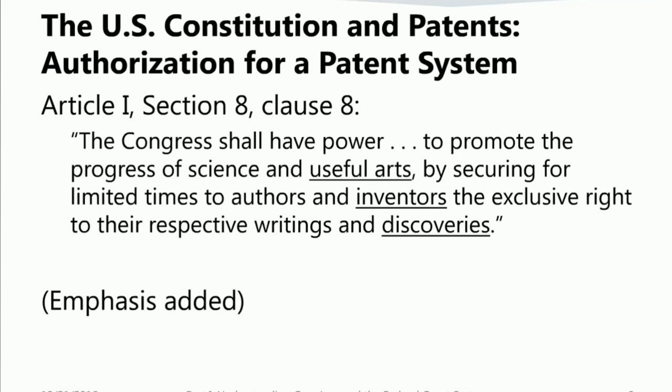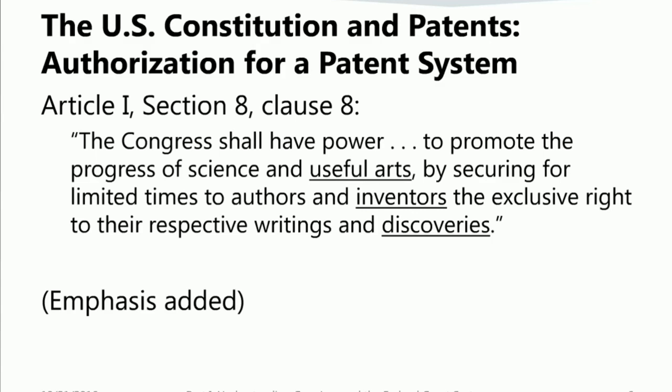Note the parallel structure employed by the drafter of this constitutional provision. Science, authors, and writings refer to the copyright system. Useful arts, inventors, and discoveries refer to the patent system.